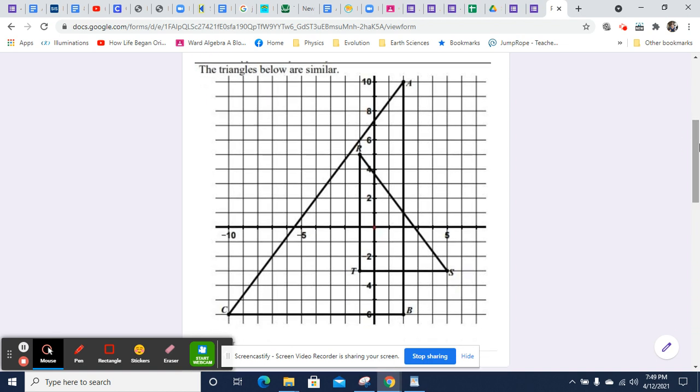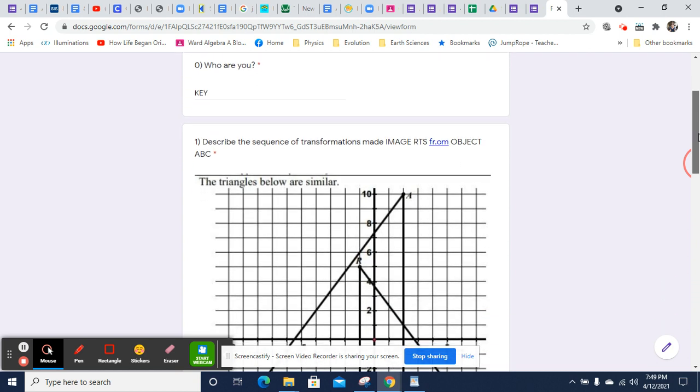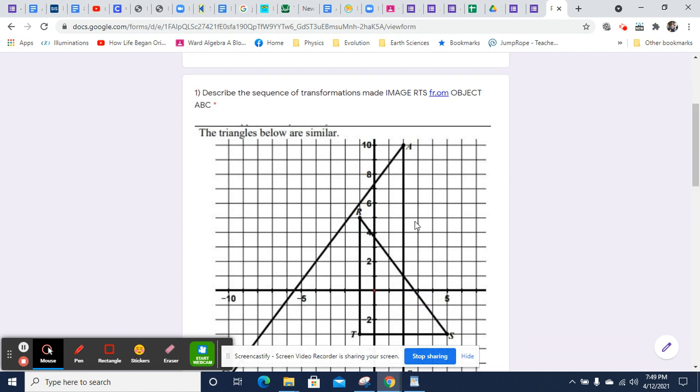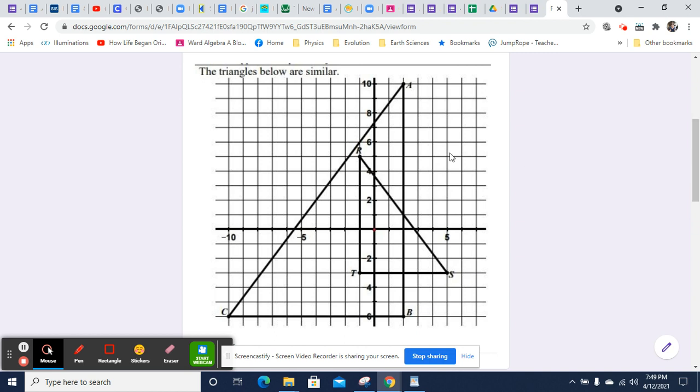So we're going from RTS to ABC. Well, the first thing you might consider is that there has been some sort of reflection. So RTS must have reflected over the y-axis.